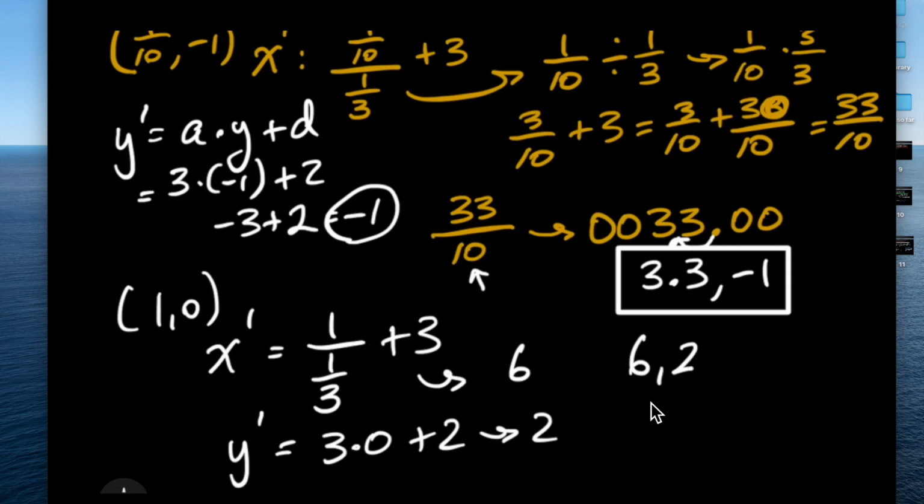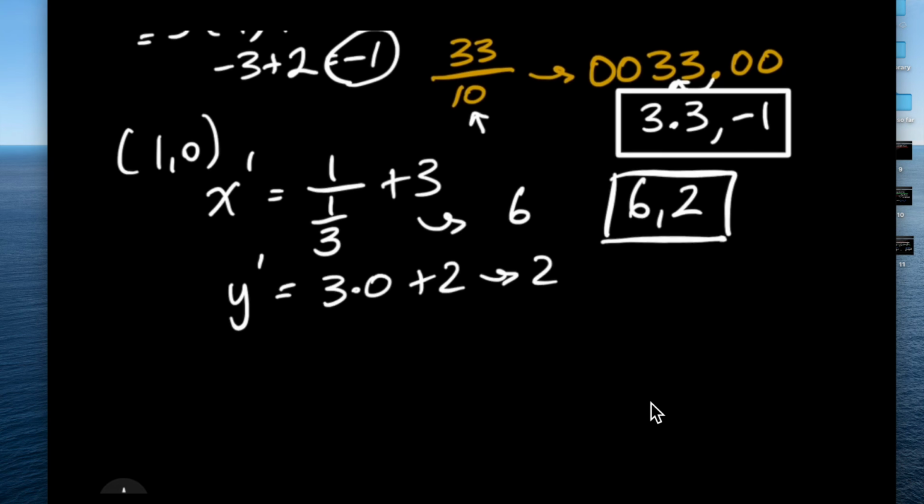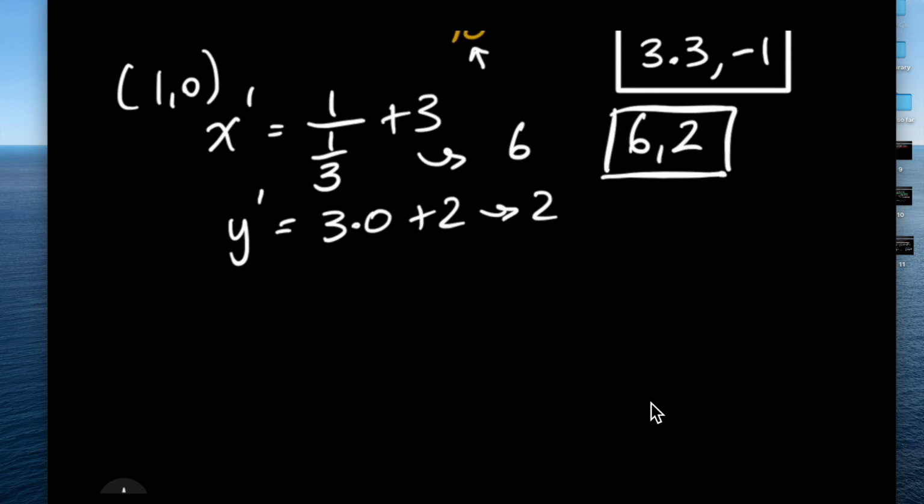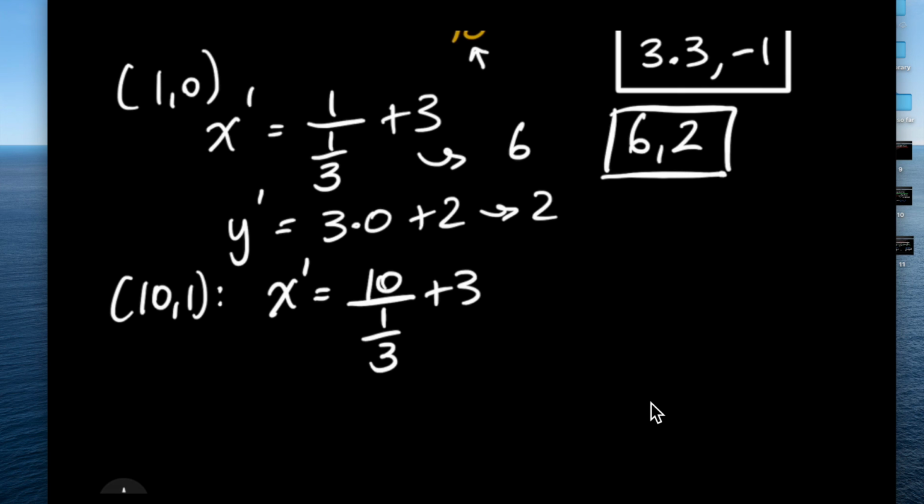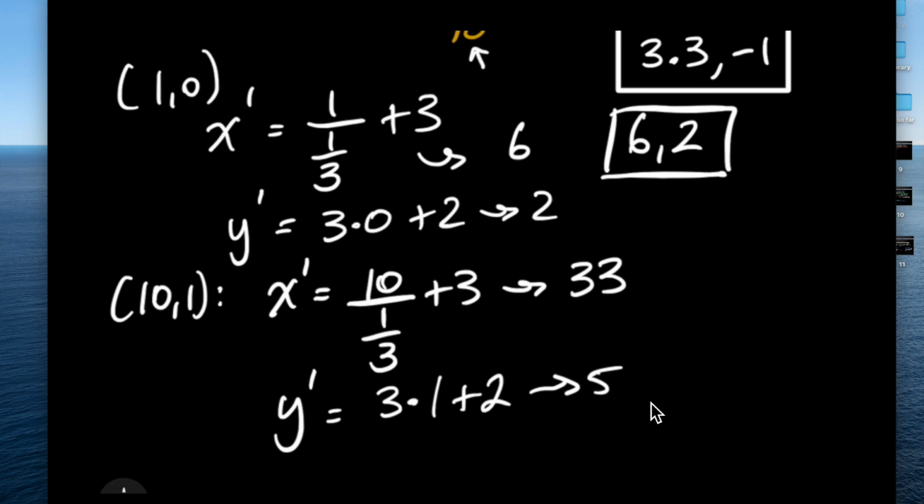So our second point is going to be 6 comma 2. Our third point, we're going to start with the base comma 1. Our new x prime is going to equal the original x divided by 1/3 plus 3. That's going to be 33. Our y value is going to be 3 times 1 plus 2, which equals 5.